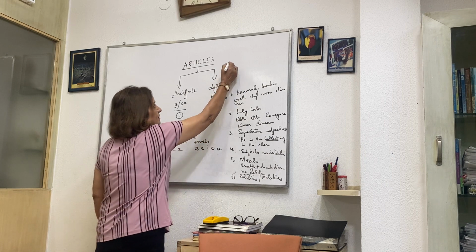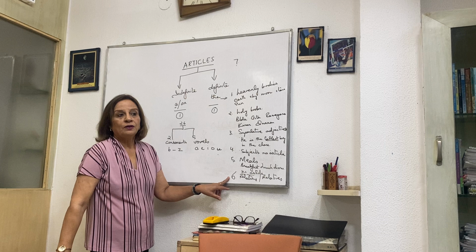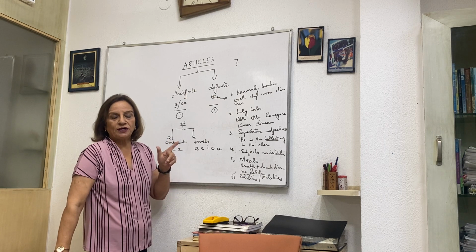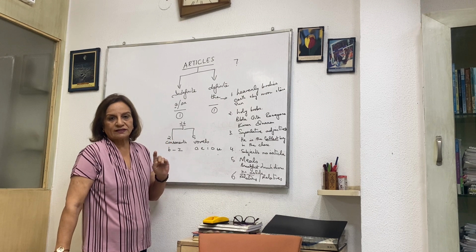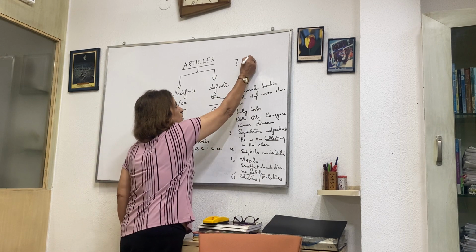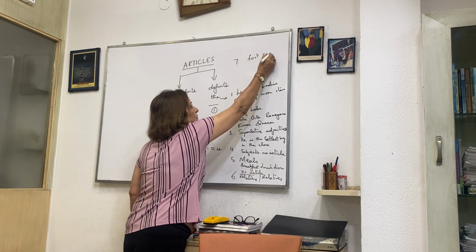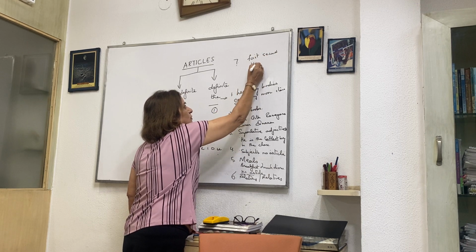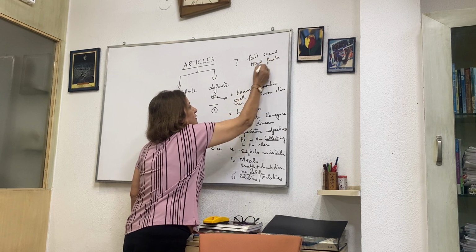Okay. Now comes the next rule. Rule number 7. There are two types of numbers, ordinals and cardinals. One we say 1, 2, 3, 4, 5, 6. And then we say first, second, third, fourth. So with these numbers, we always use the article the.